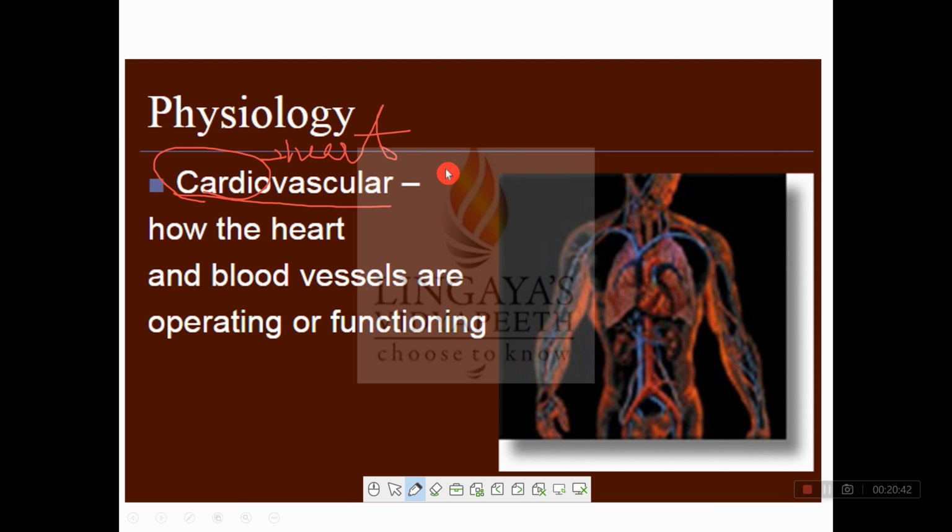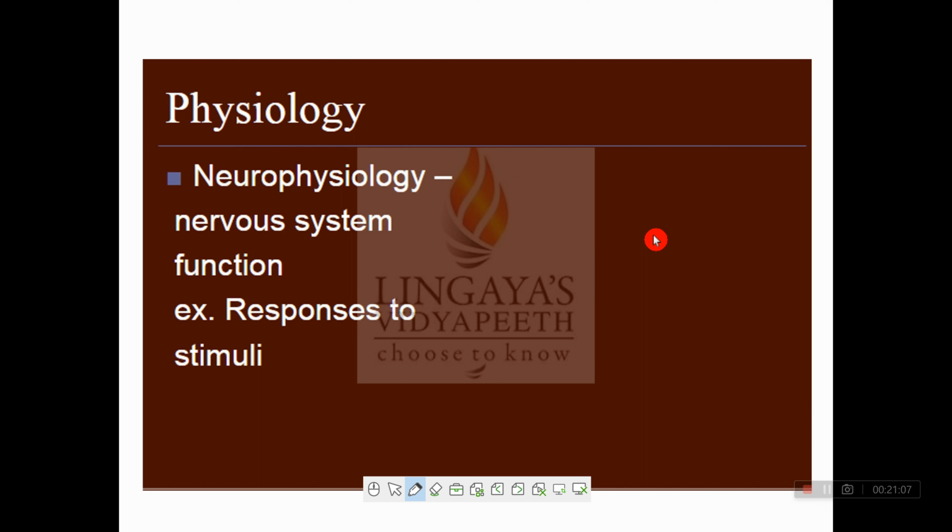So, the cardiovascular system studies the functioning of the heart, how the heart performs its function and pumps blood throughout the body and produces the heartbeat as well. So, in the cardiovascular system, you will study about the heart, how the heart performs its function.